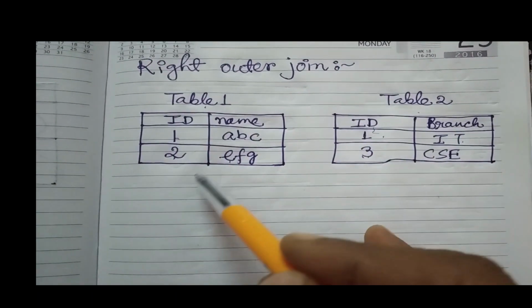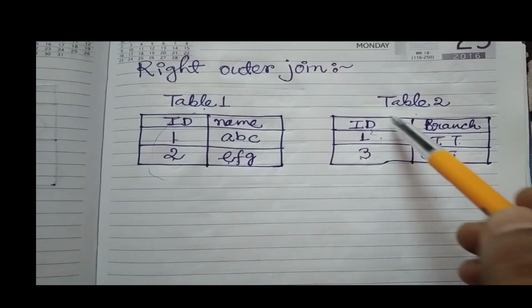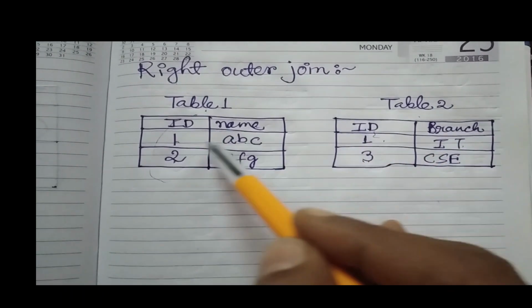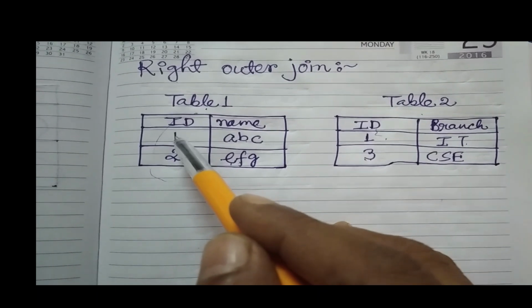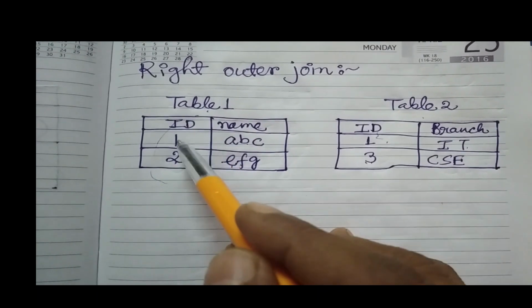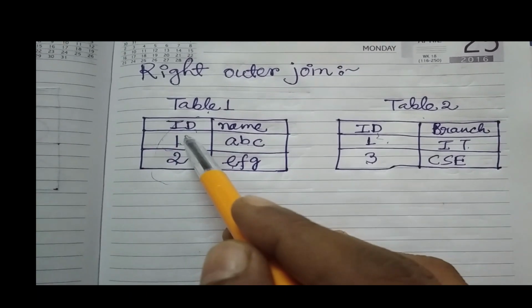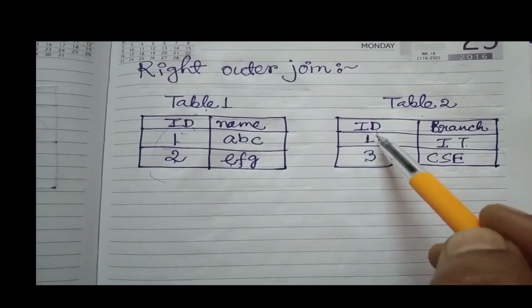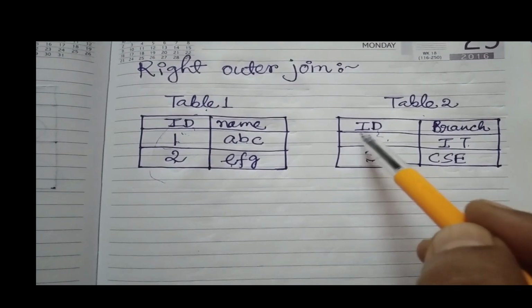Here the similarity between the two tables is that the ID section of table 1 is similar to the ID section of table 2, and in a more broad sense, row 1 of table 1 is similar to row 1 of table 2.